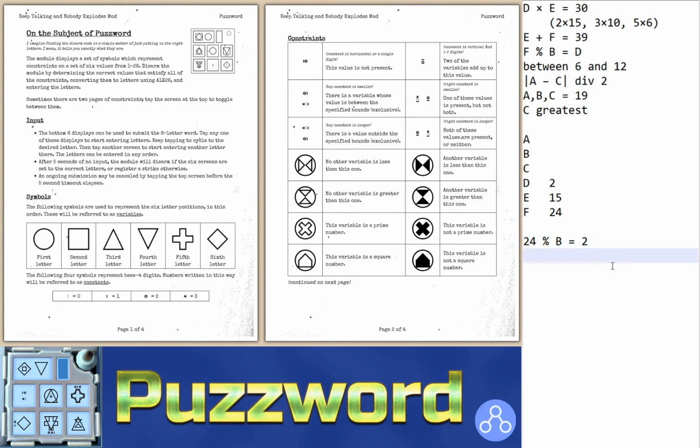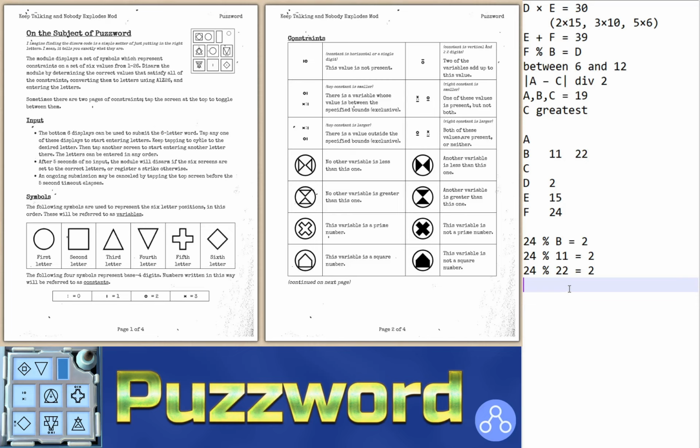Let's see, so 22 would work. That's the obvious one, it's just two less than that. But I'm sure there is, oh yeah, so for example 11 would also work. So basically any factor of 22 that is greater than 2 would also work. And since 11 is a prime number, that's the only one. So bravo is either 11 or 22.